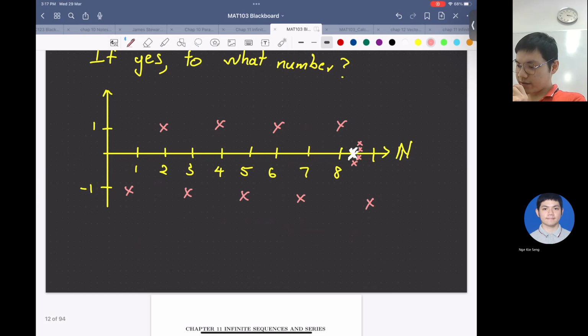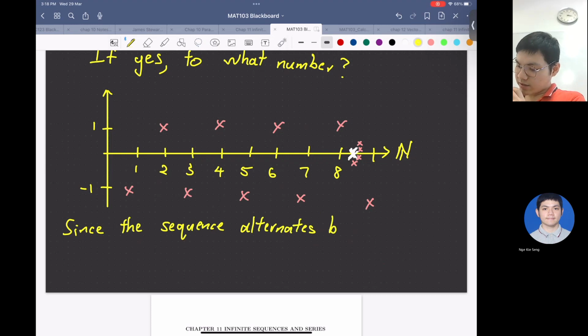Anyway, since the sequence alternates between -1 and 1, it does not converge.